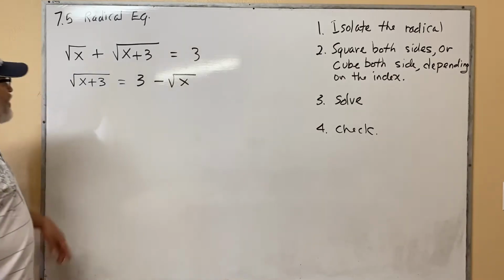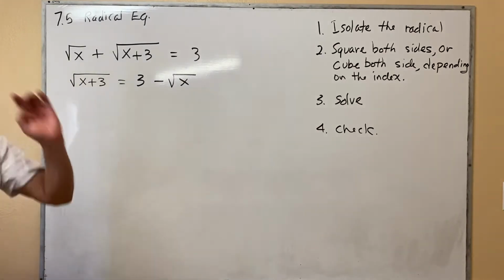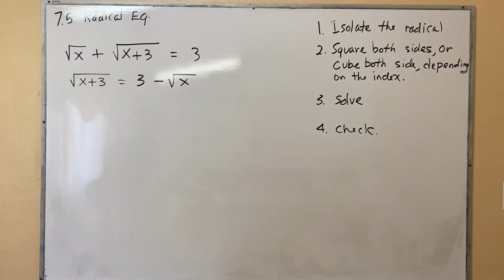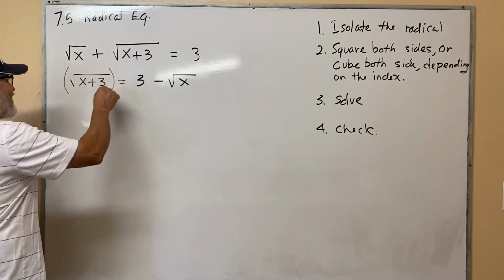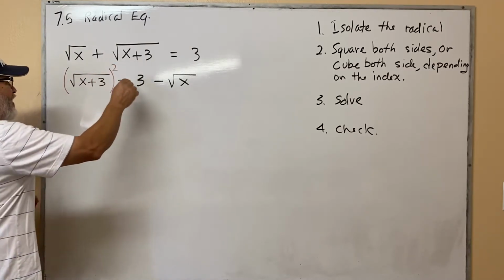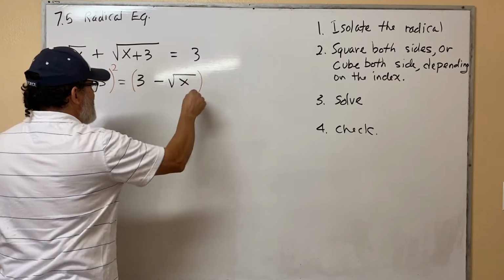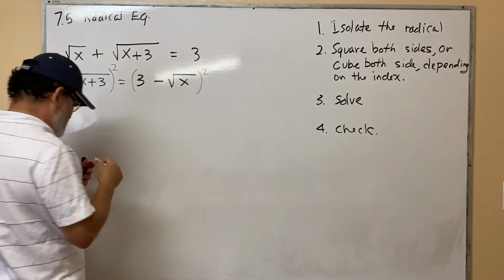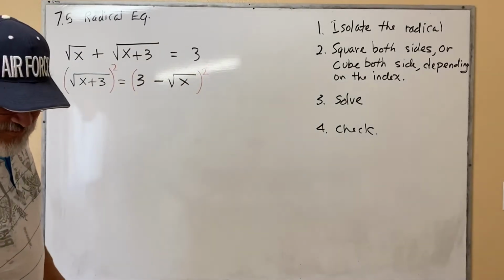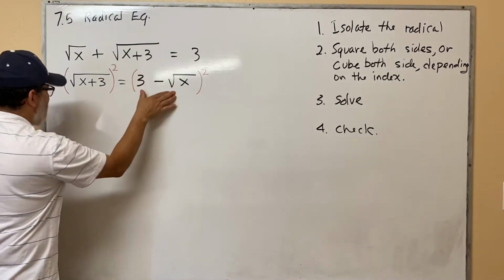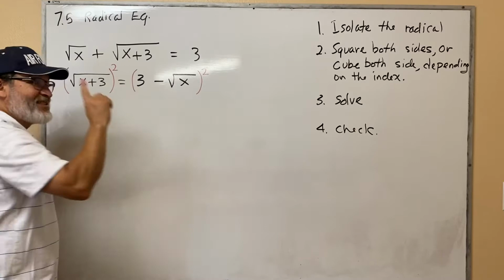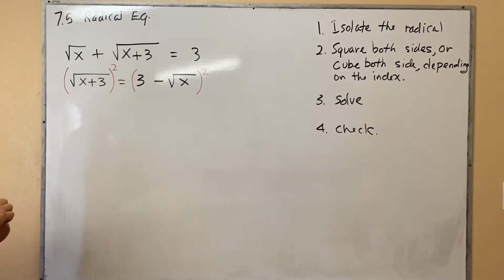Okay, so now I'm going to square both sides. Square both sides. Class. Square this side. Square this side. Because this radical is not by itself, this radical is not going to go away.